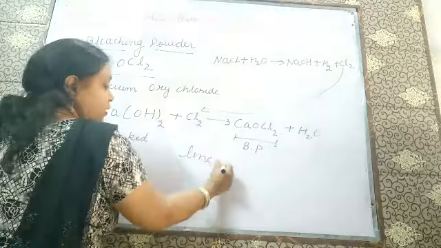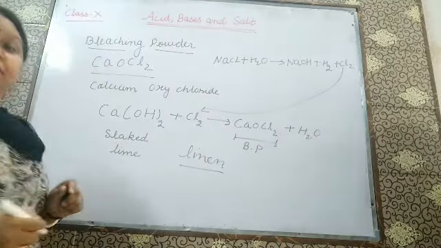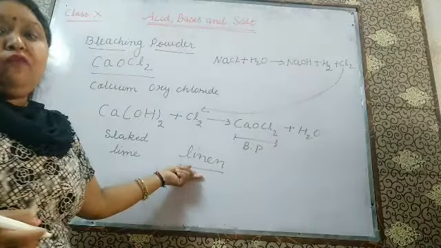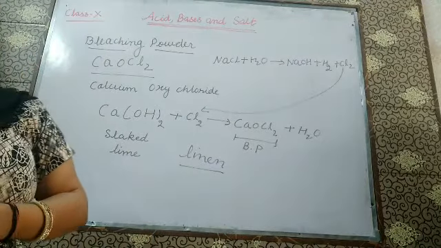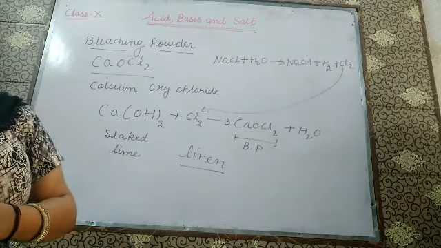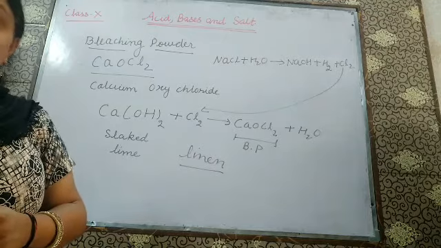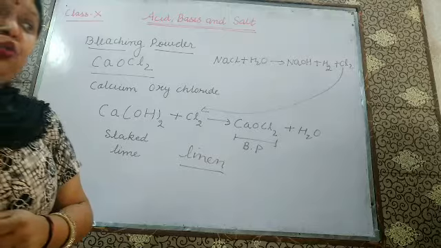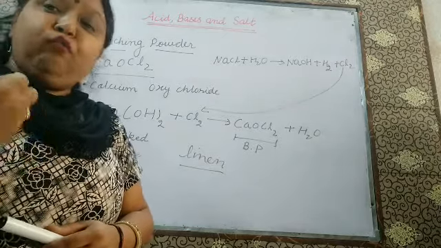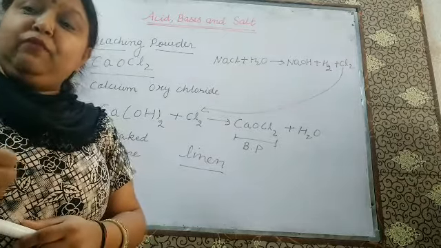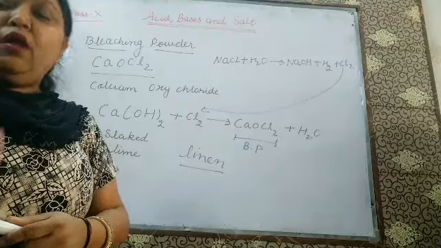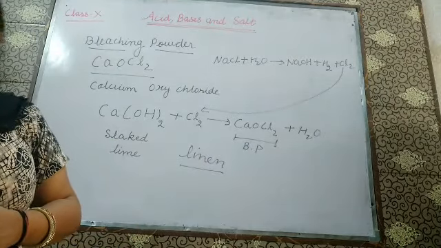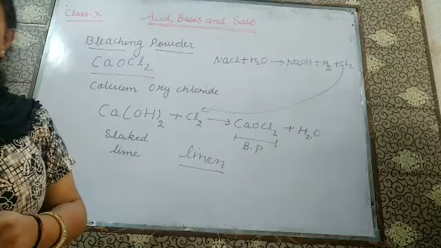Then it is used to bleach wood pulp in paper industries. You know that all papers are made of wood pulp. Before making paper, we add bleaching powder to the wood pulp. Then for washing clothes also, in laundries, we are using it.